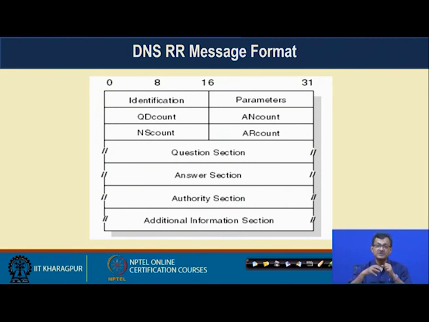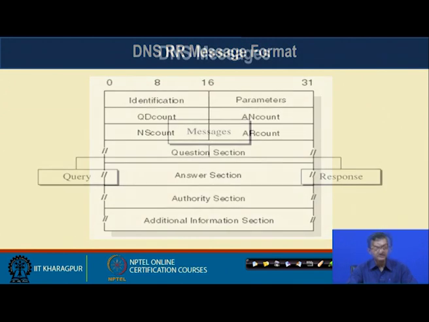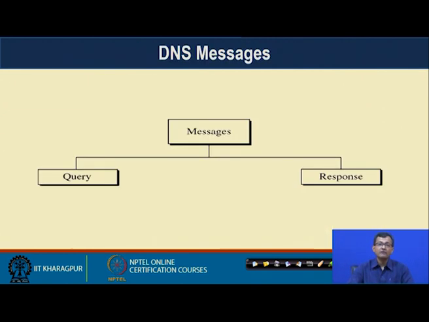Whenever this message is being exchanged, these are the things which are used. So, this format goes on. That means, for DNS clients and servers or DNS zone transfers, this is the standard which is followed, so that everybody understands the other's message. A DNS message is typically of two kinds.